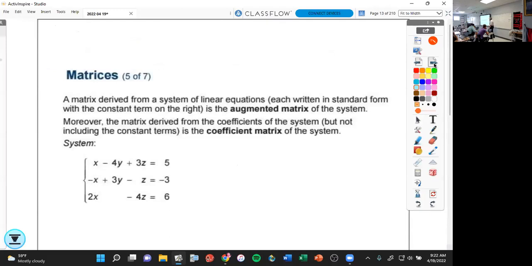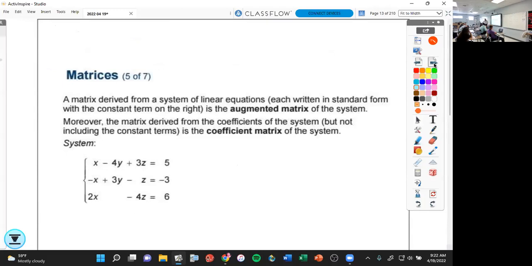A matrix derived from a system of linear equations, each written in standard form with the constant term on the right, is an augmented matrix of the system. This is a system of three equations. We have three equations. How many unknowns do we have? Three unknowns. Can we solve a system of three equations and three unknowns? Yes, we can.